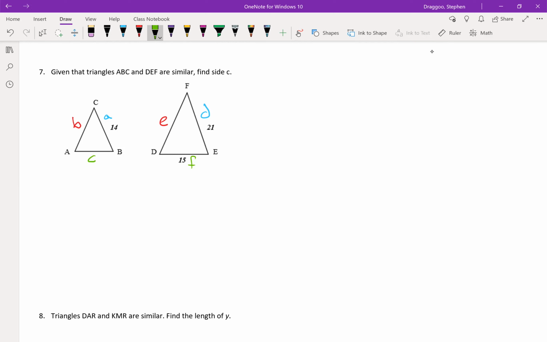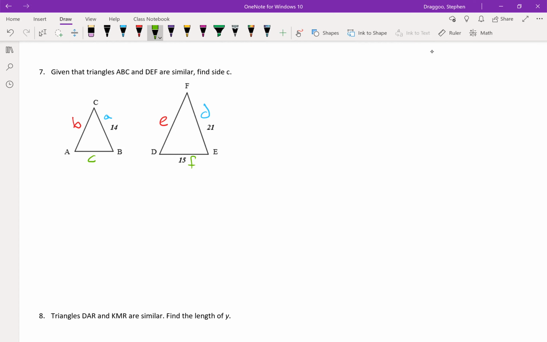So I've also color-coded these in such a way so that the similar sides in each triangle ended up with the same color. Since we're told that triangle ABC is similar to DEF, we can use the order that those letters are in to establish the similarity that occurs.